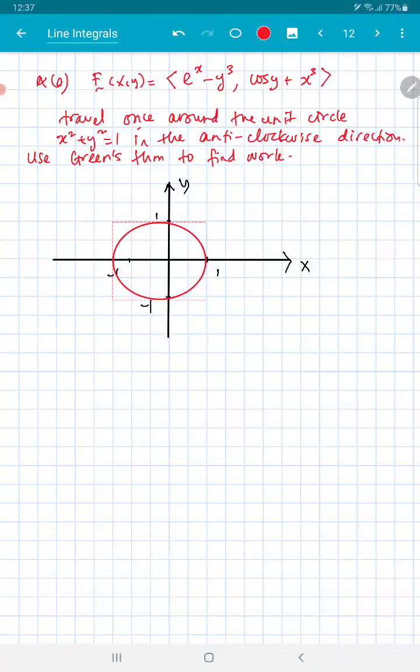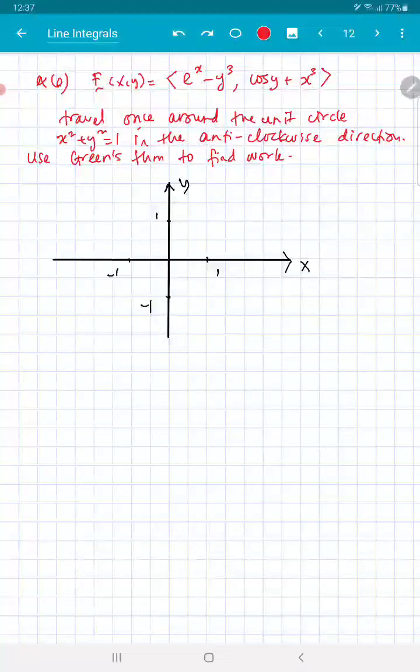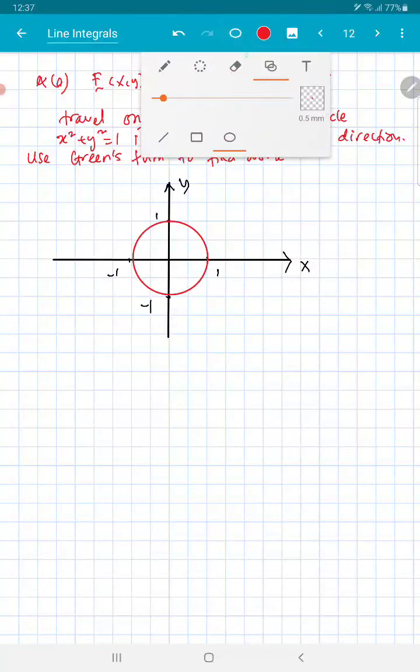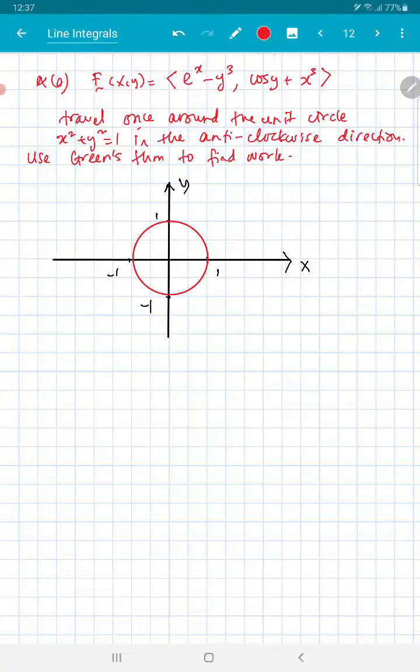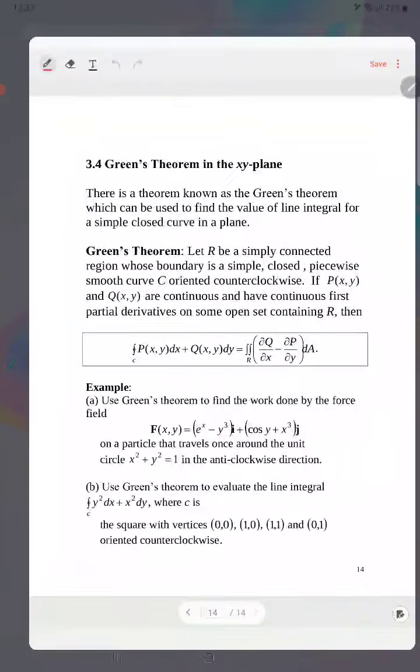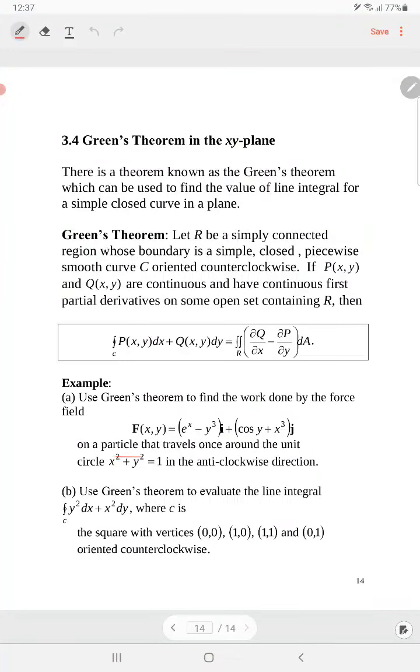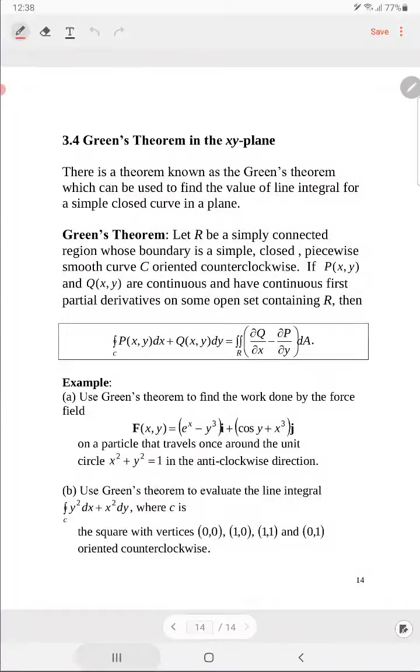So this is 1. Here it's negative 1. Alright, let me read the question again. A particle that travels once around the unit circle x squared plus y squared equals 1 in the anti-clockwise direction.